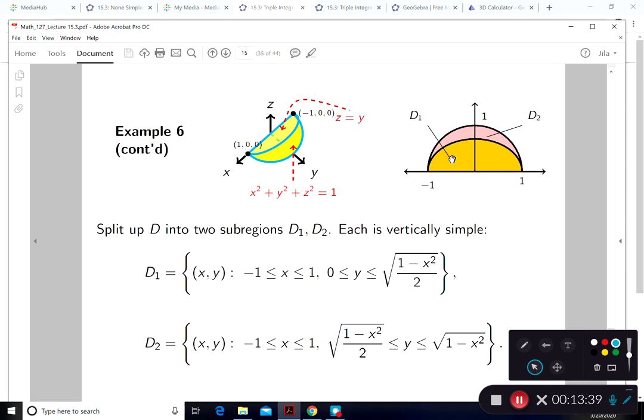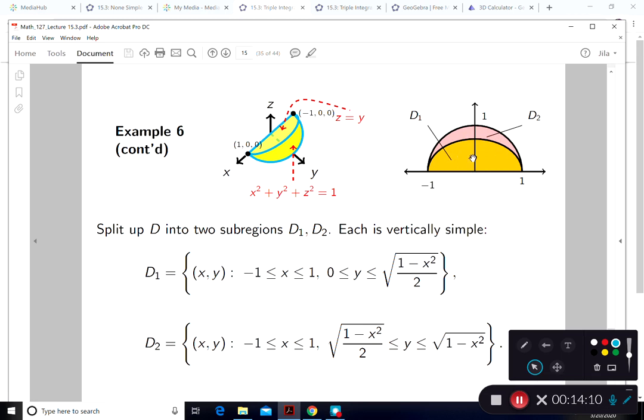And over the orange area, the little wedge is sitting between z equal to 0 and z equal to y. And over the other area, z is sitting between 0 and the upper half of the sphere. So we have to find this region.